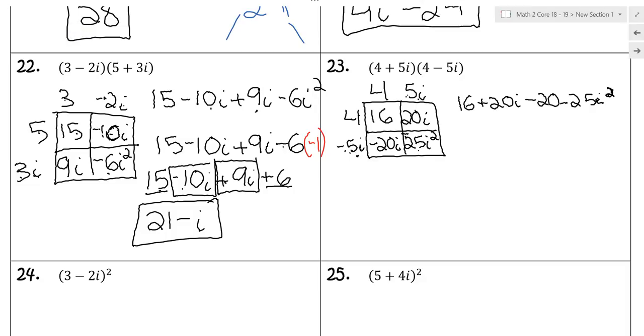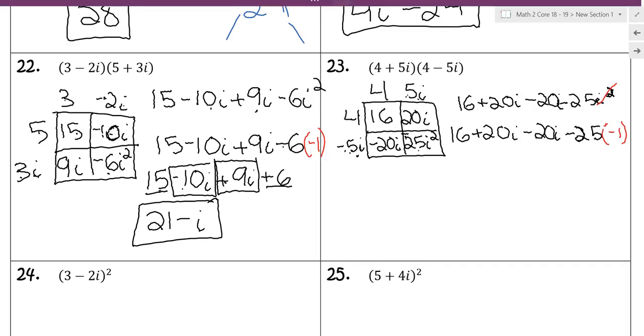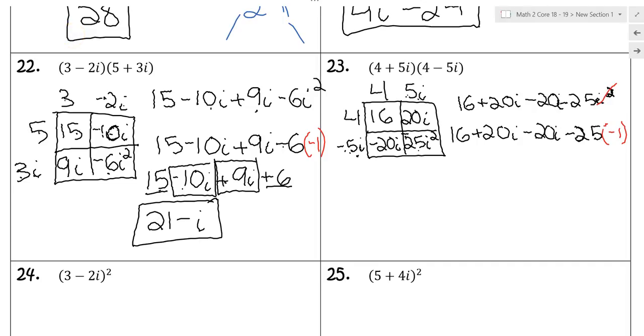Just like our last problem, I don't want i squared, so I'm going to replace it with negative 1. So now we have 16 plus 20i minus 20i, and then negative times the negative is positive, so plus 25.